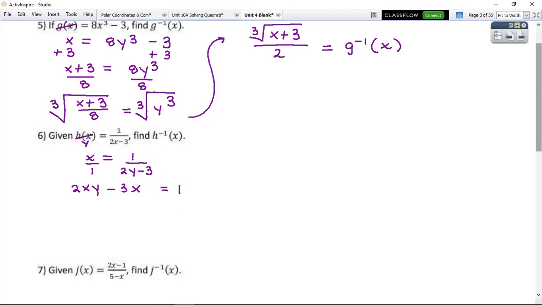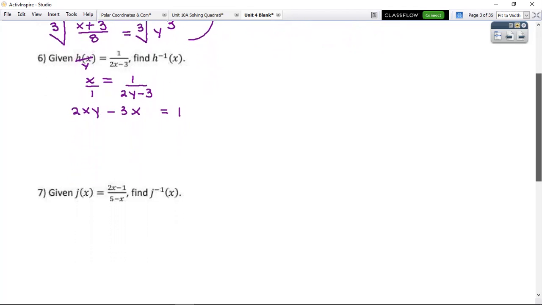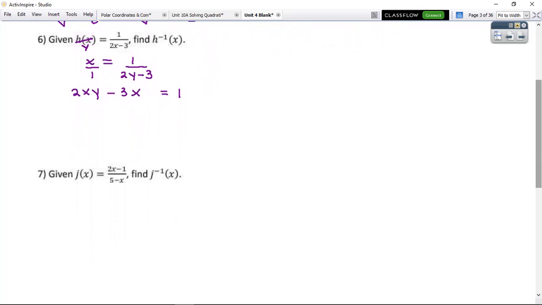So what should happen next, guys? Yep, add the 3x. Excellent. So I get 2xy equal to, if I add that over, 1 plus 3x. Coming to the end. What do I do to get y by itself? Yep, divide by 2x. Divide by 2x, divide by 2x, and you are done.